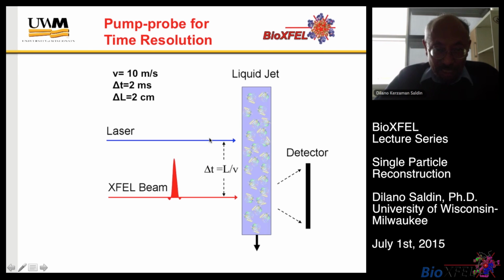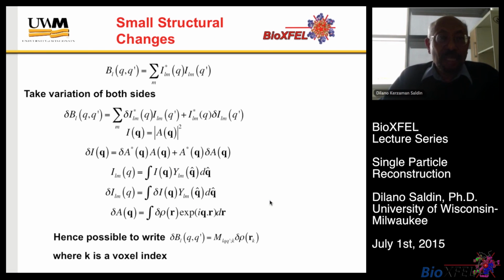The experiment will consist of hitting the proteins with a laser a short time before it is hit by an XFEL beam. So the proteins will be in some excited state corresponding to that length of time since photoexcitation, and then it is probed by an XFEL beam, and different numbers of proteins will be probed in all orientations, and one can use the methods that we described earlier to find the B's.